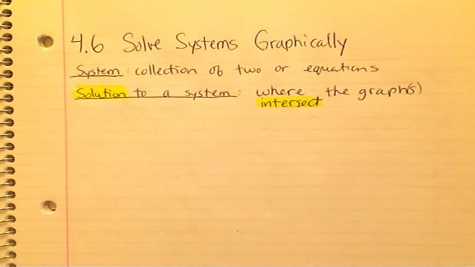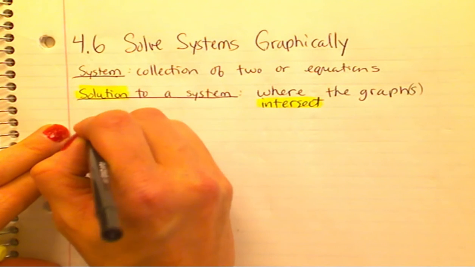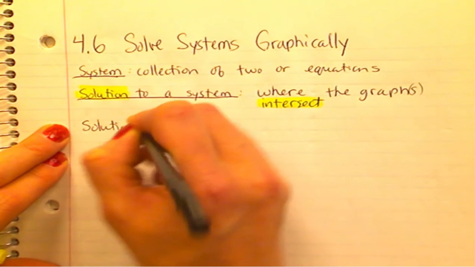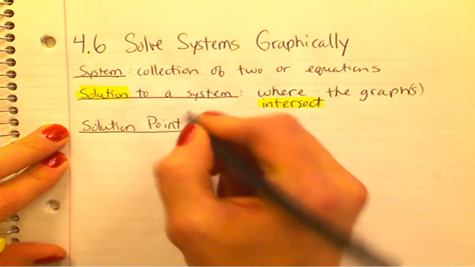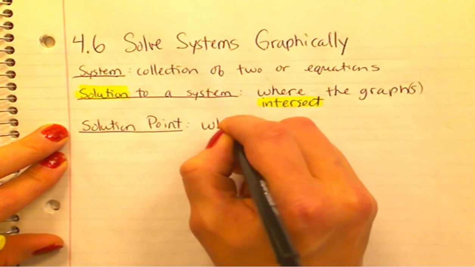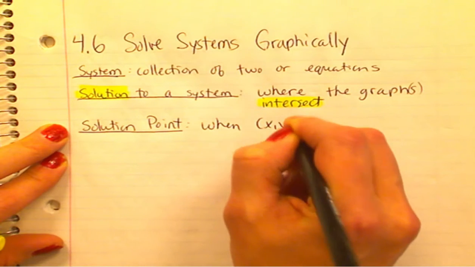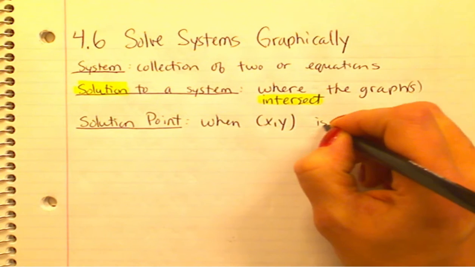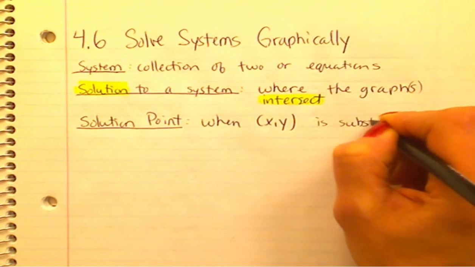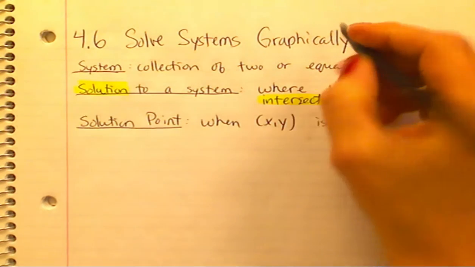Because we're going to solve graphically today, so we want to know where the graphs intersect. When are they in the same place? Okay, so we have one more word, solution point. A solution point is an actual point, x comma y, that satisfies two or more equations.